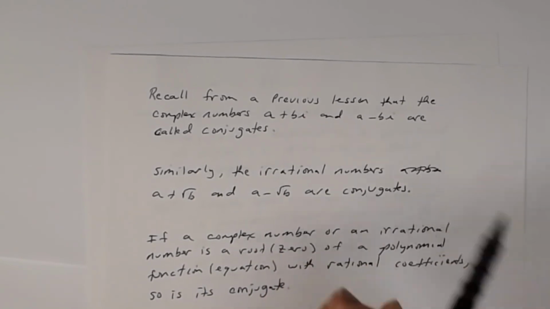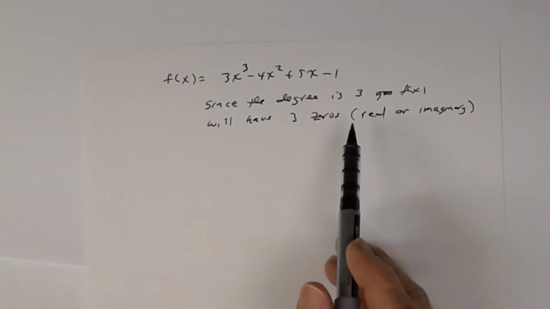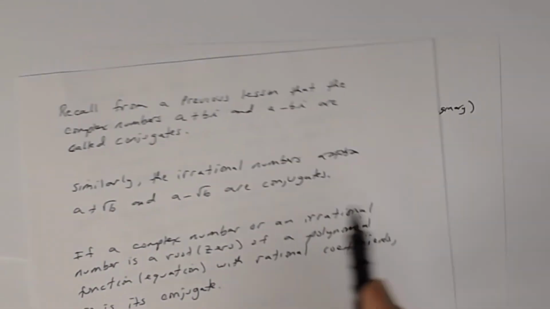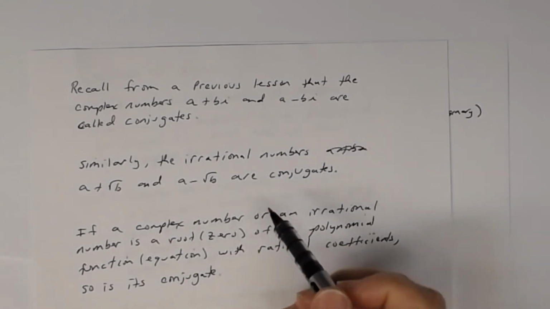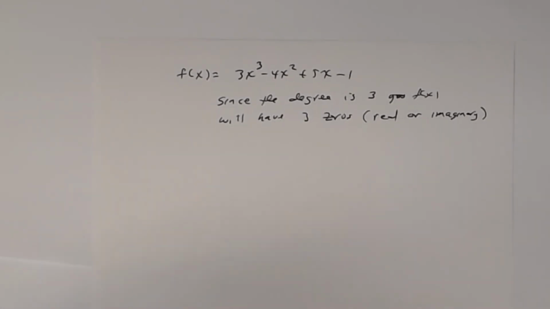All right, so they occur in pairs. That's why we subtract by 2. That's why we went from 3 to 1. We subtracted by 2 because of the fact that imaginary numbers occur in pairs. So the number of imaginary zeros will be an even number.